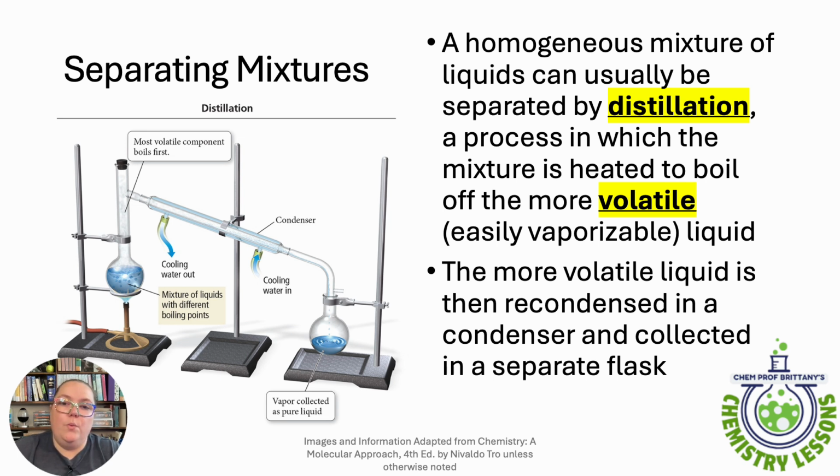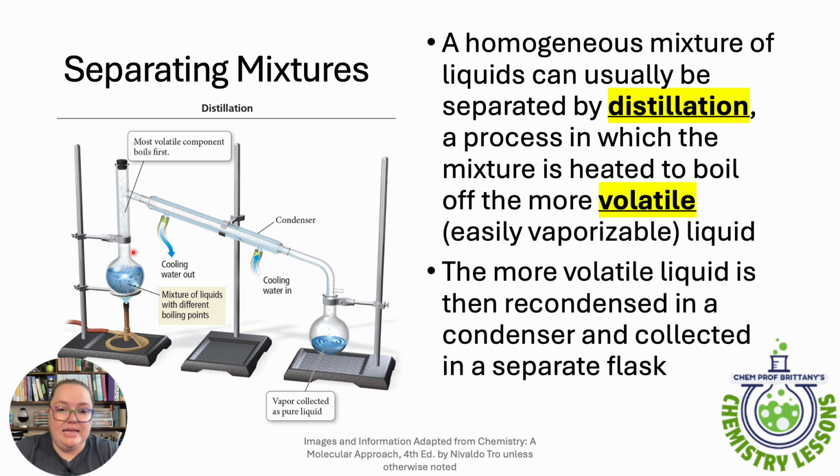So when we have homogeneous mixtures of liquids that have different boiling points, what we can do is boil one and not the other. So when we make our, say, whiskey, we have ethanol and water in our mixture. Ethanol boils at about 85 degrees Celsius and water boils at 100.